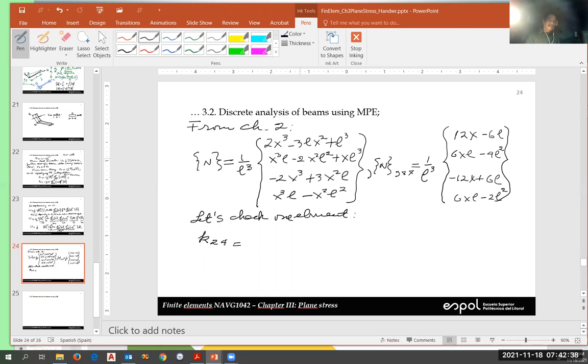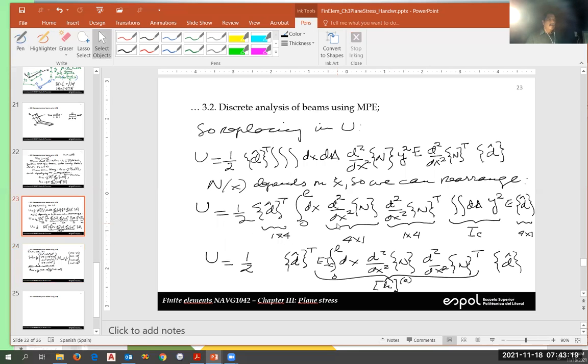From the second row, we have 1 over L cubed times 6xl minus 4l squared, and multiply by the fourth element, which is 1 over L cubed times 6xl minus 2l squared.